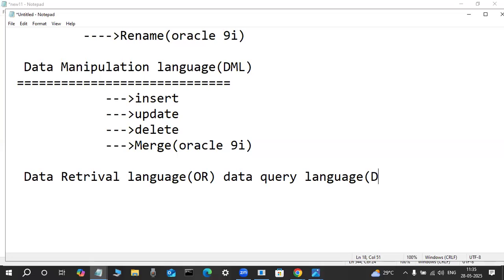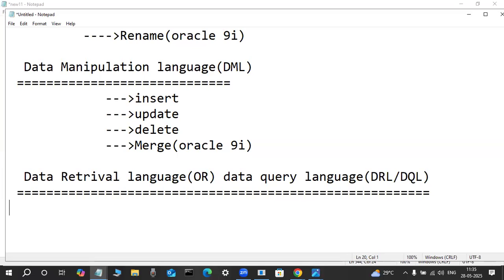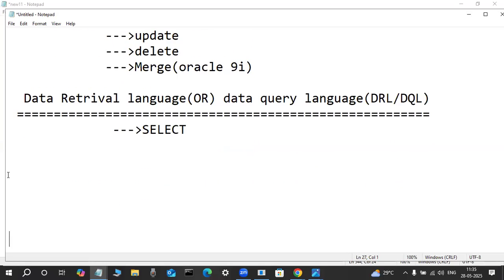This is also called DRL or DQL. Under DRL or DQL, the main important verb is select. Select only. Again, observe it here. This is the most powerful, biggest concept, select. We are efficiently retrieving the data.